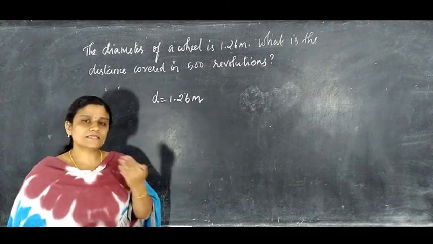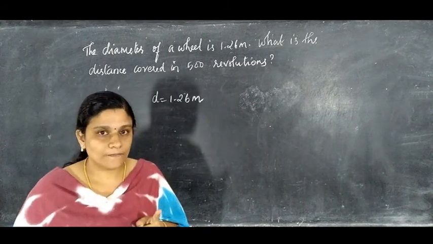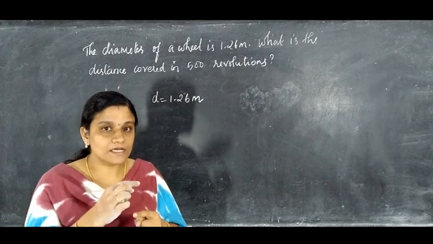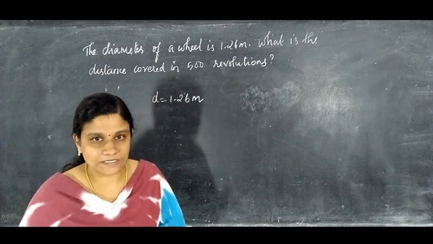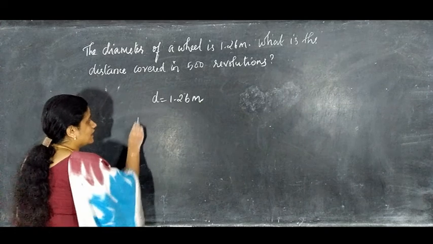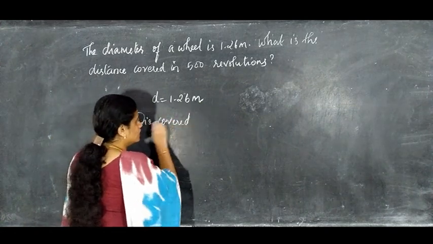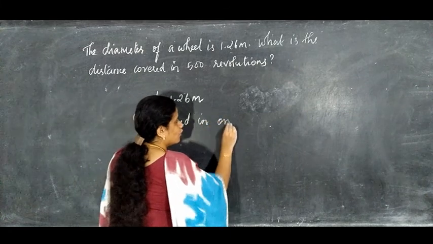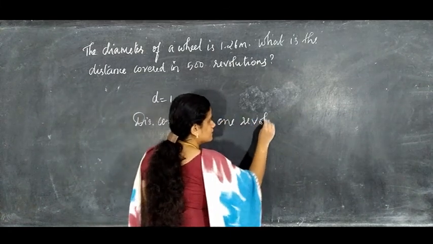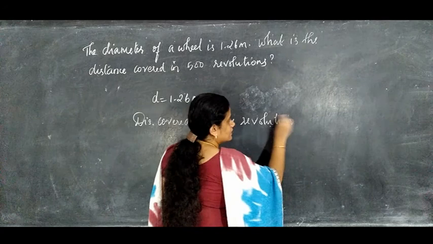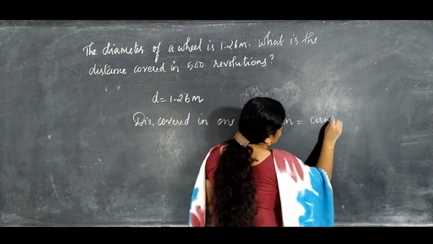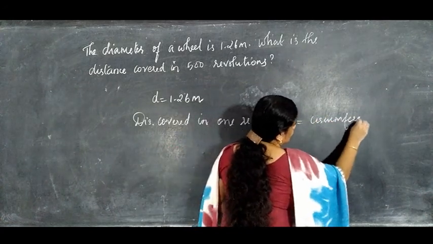So what is the distance covered in one revolution? One revolution is nothing but the circumference of the circle. So we can write: distance covered in one revolution is equal to circumference.